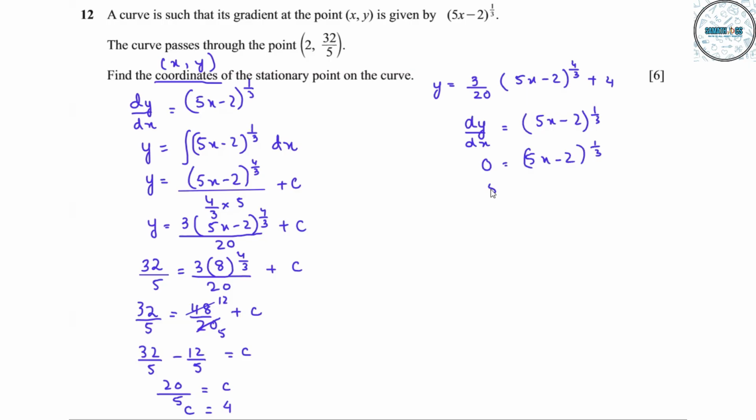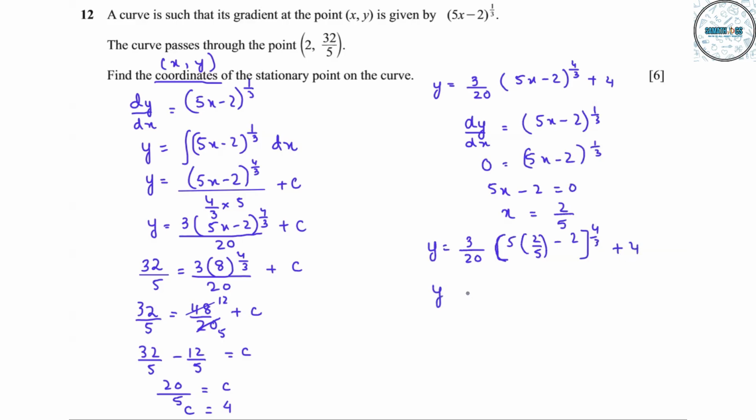So 5x minus 2 is equal to 0 and x is equal to 2 upon 5. Now we will substitute this into the equation. y is equal to 3 upon 20 into 5 into 2 upon 5 minus 2 with power 4 upon 3 plus 4.